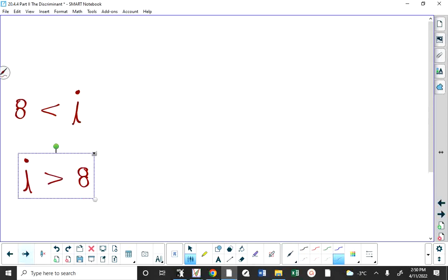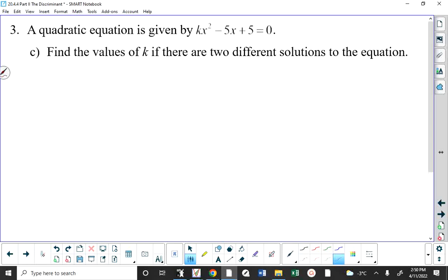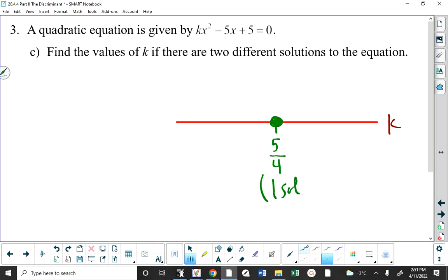Let's take a look at the final question. First of all, I want to point out to you that if you had a number line for K, we have already decided that when K is 5/4, there's one solution. Can you just double check that that's what we had for part A of the question?